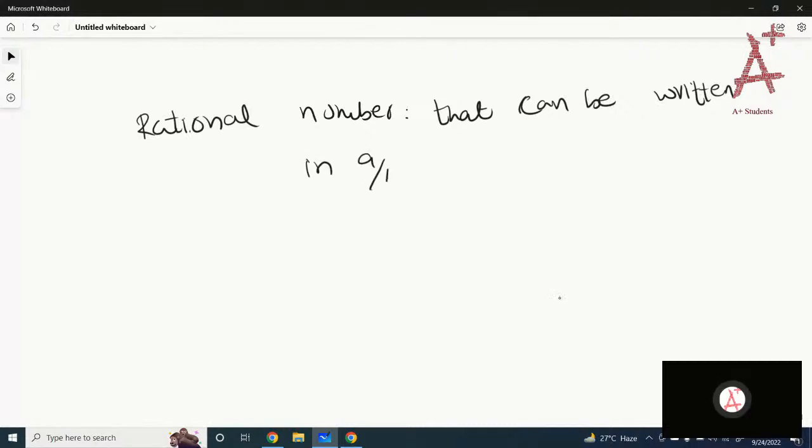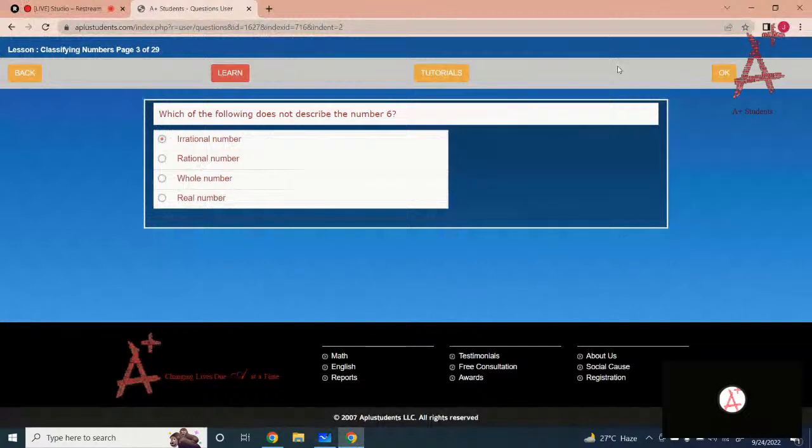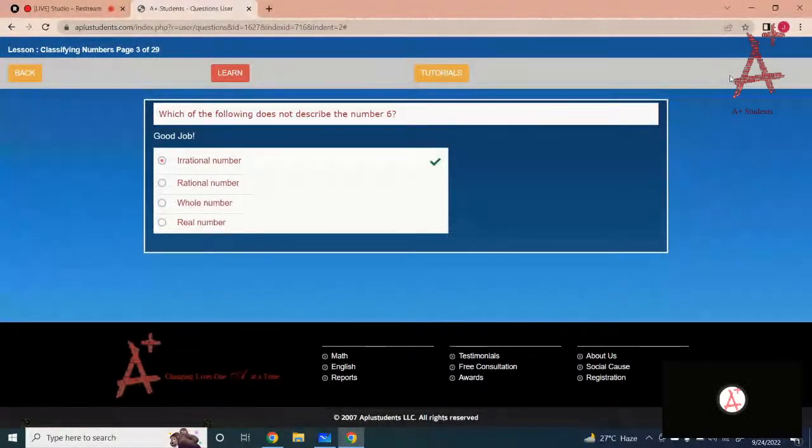So yes, we can write 6 as 6 by 1. So you can say 6 is a rational number. So the only thing is irrational number. We cannot describe 6 as an irrational number. So the correct option is irrational number. Got it? Select the correct option and click on the OK button.